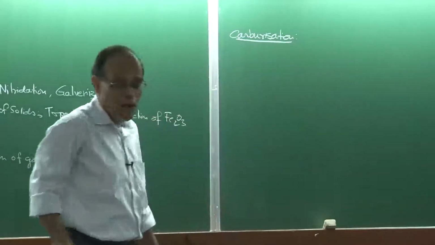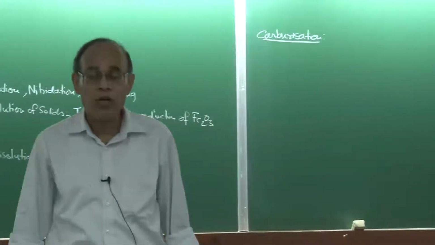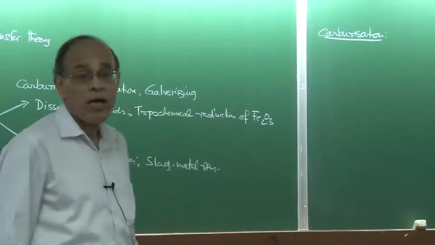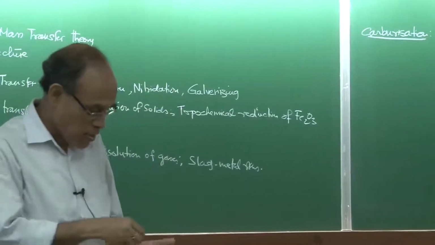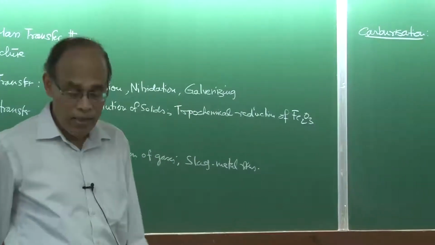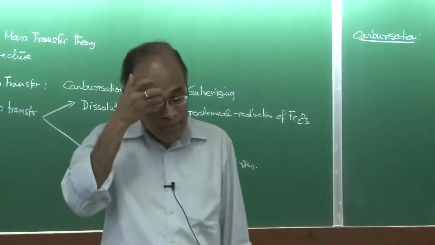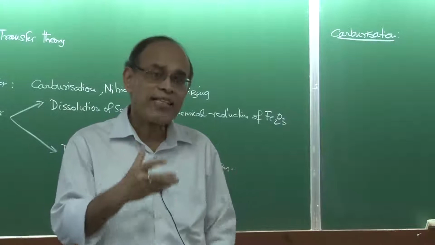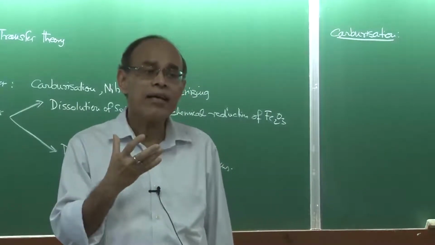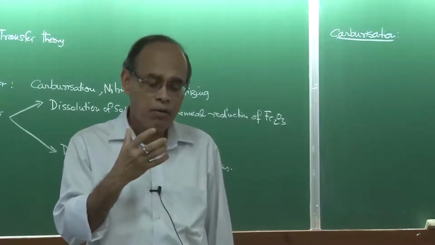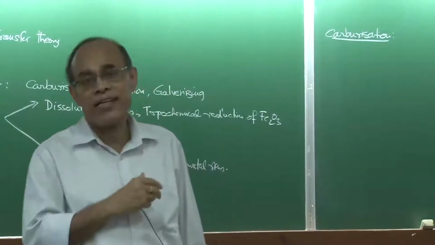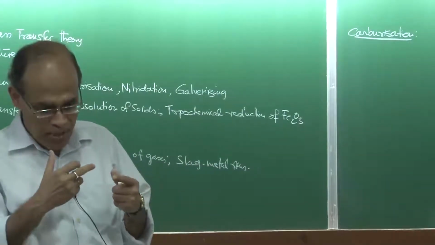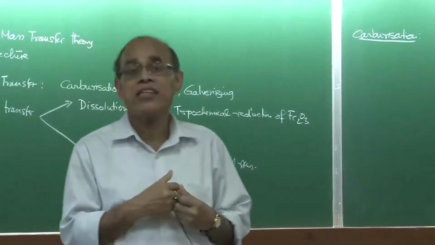And you must have all heard and learnt about carburization process, carburization of steel, particularly in your undergraduate heat treatment courses. And all of you may be knowing that carburization basically is a process. The objective of carburizing a sample, basically a steel sample, is to enhance the surface hardness. For example, there are many parts which are subjected to severe abrasion during applications.